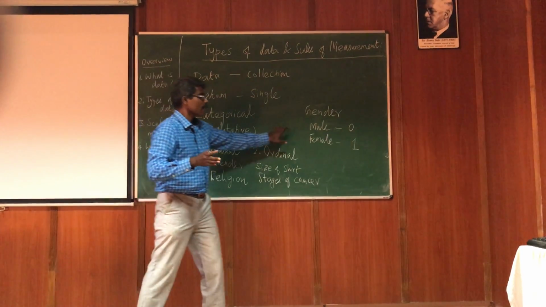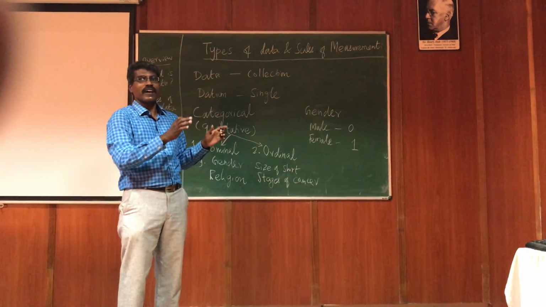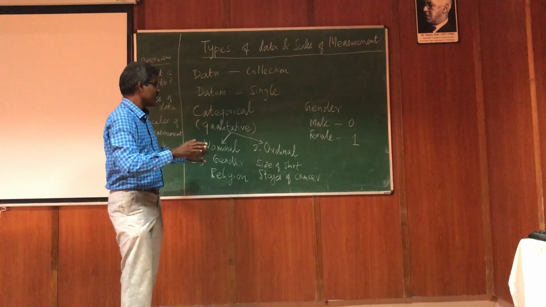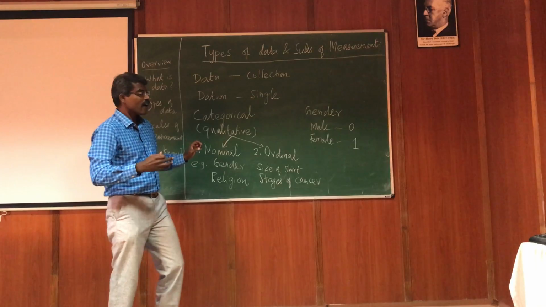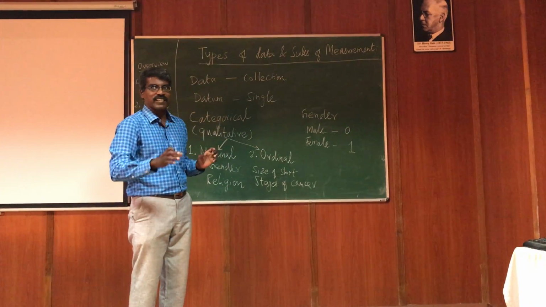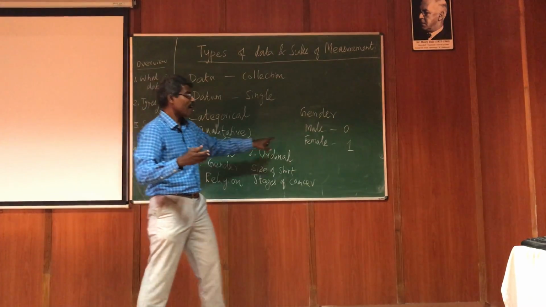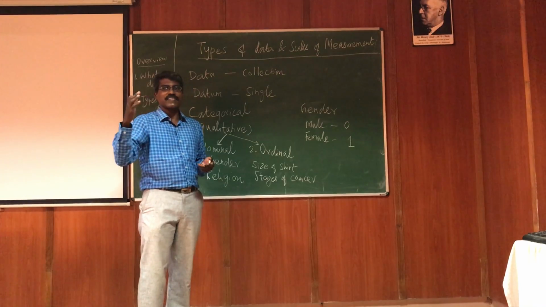So here the numerical values 0 and 1, even though they are numerical values, they are not numerical data, but still they belong to categorical data. Why are we sometimes giving this numerical value? Because if you have strings in computer language, meaning alphabets, like male and female, it is difficult to take it for further analysis at some point.